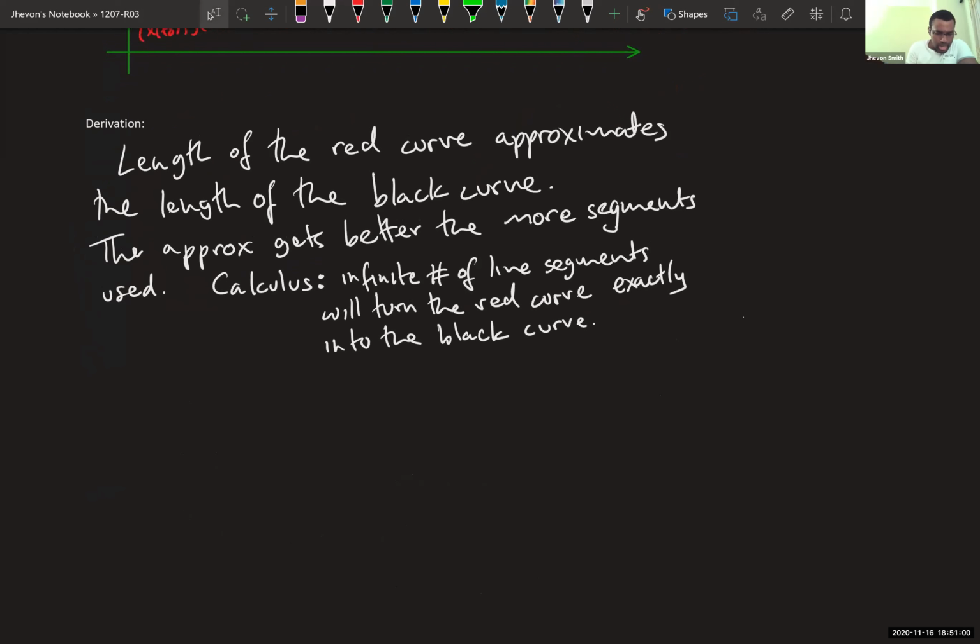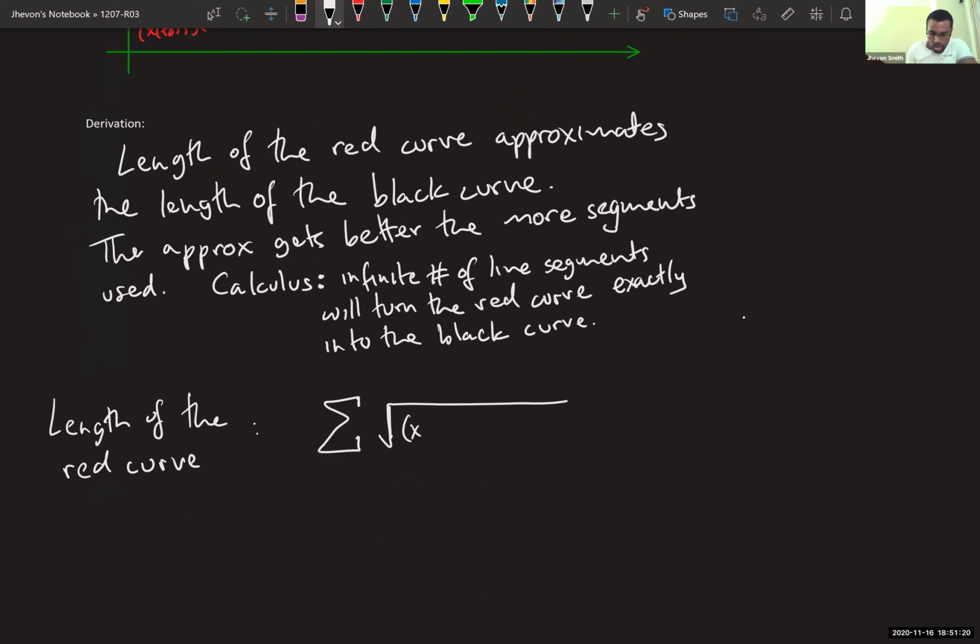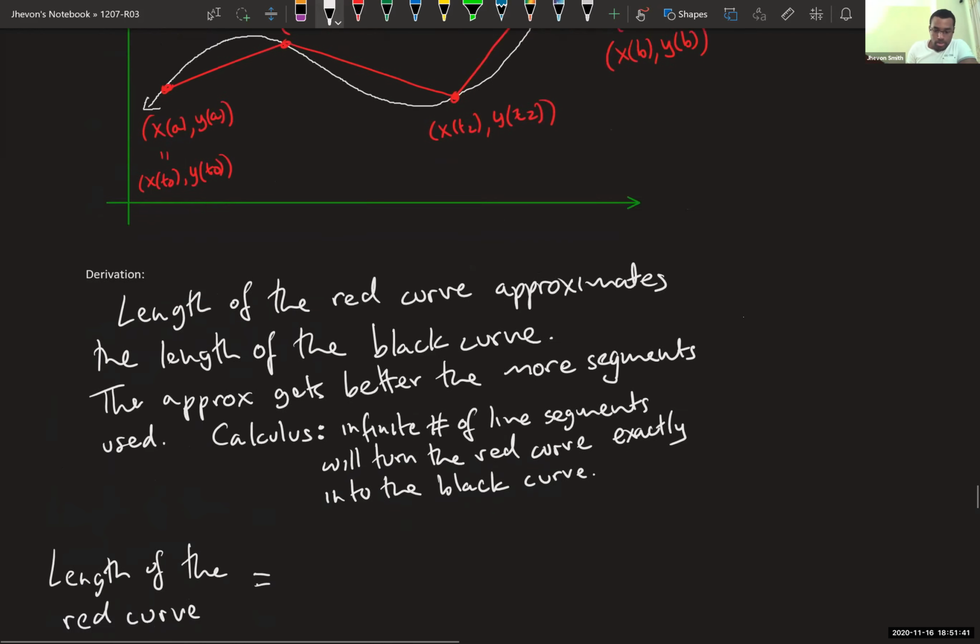So what I'm going to now do is, well, the length of the curve is just like me adding the lengths of things that look like, let me write that out. I'm just using the distance formula for each segment.